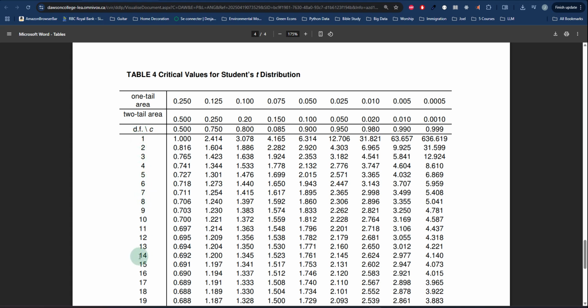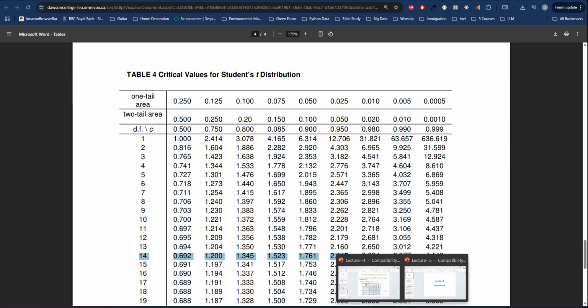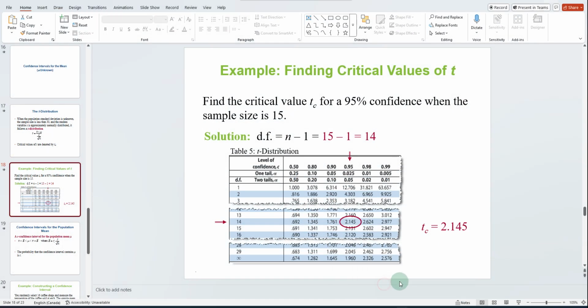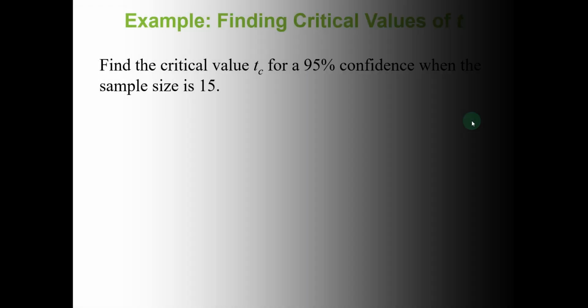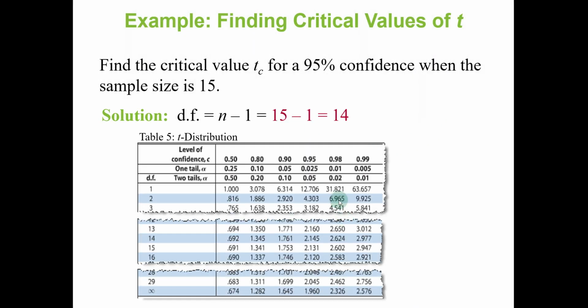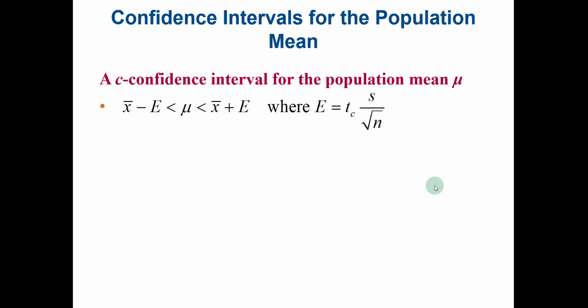If you go all the way to 14, and you look for where you have 95, this is your 95%, so it's 2.145. So this is how we look for the critical value for the t-distribution.